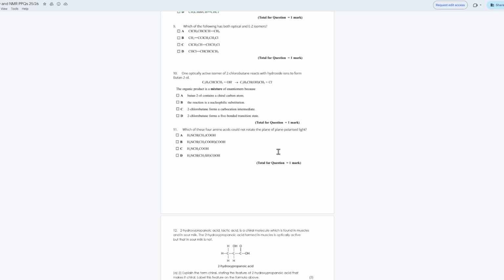One alkyl reactor is also 2-chlorobutane reacts with hydroxide ions to form butan-2-ol. The organic product is a mixture of enantiomers because butan-2-ol contains a carbon.